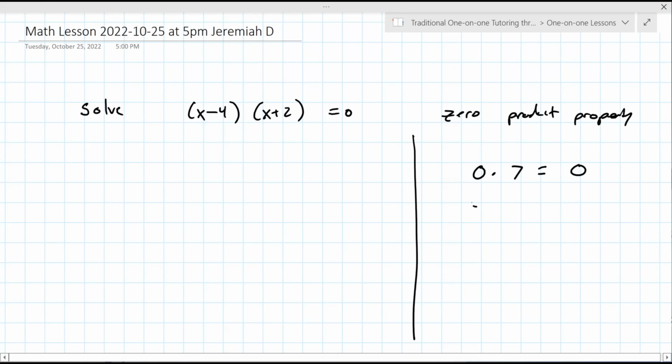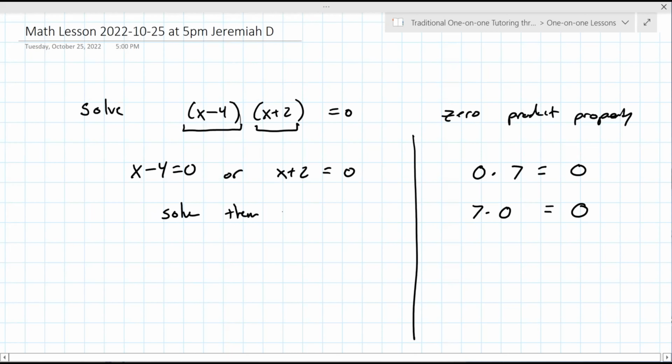And it doesn't matter whether it's in the first position or the second position. 0 times 7 and 7 times 0 is 0. So the point here is that either x minus 4 equals 0 or x plus 2 equals 0, or they both equal 0. So you just separate the two products and then you solve them for x.